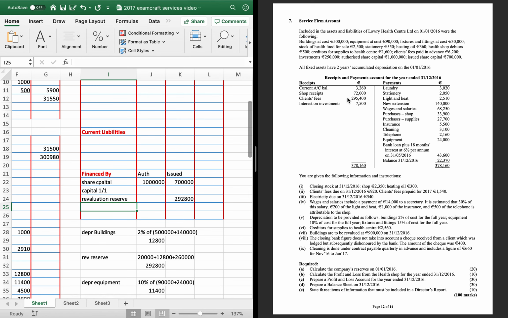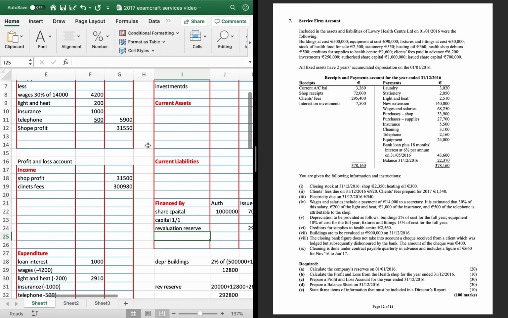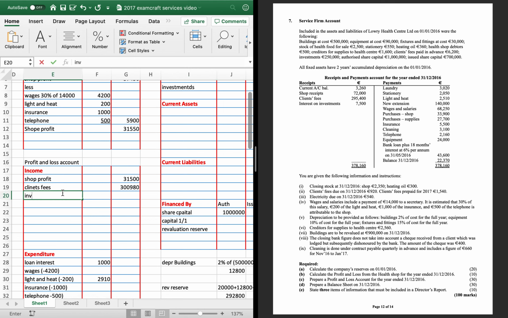So everything at the top is now ticked off. The current account balance is in, shop receipts is in, the client's fees is in. This 7.5 is investment income. Now, investment income goes in our income. Often, as I said, you'll work it out as a percentage. Just check at the bottom, there's no investment income due. There is not.